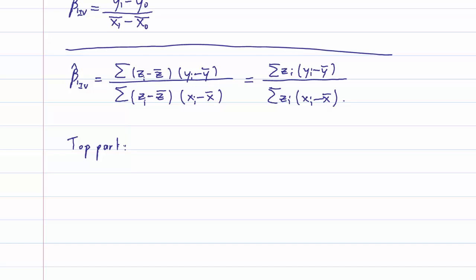So for the top part, the sum of zi times yi minus y bar, I'm just going to distribute the z, so I get the sum of zi times yi minus the sum of zi times y bar.